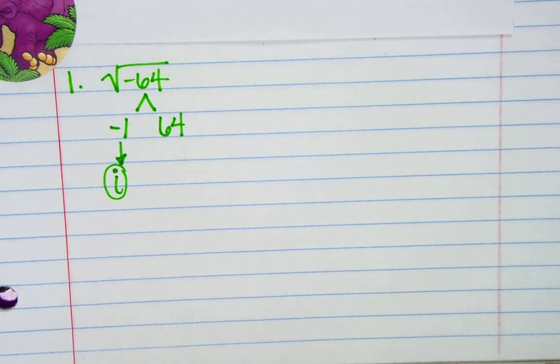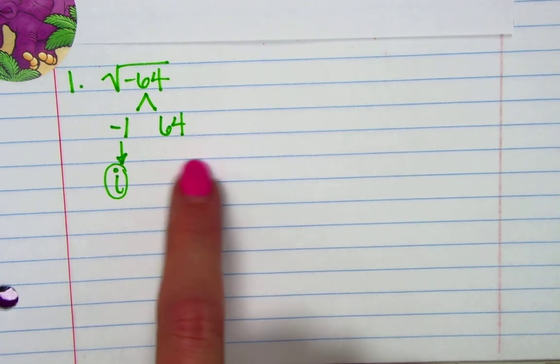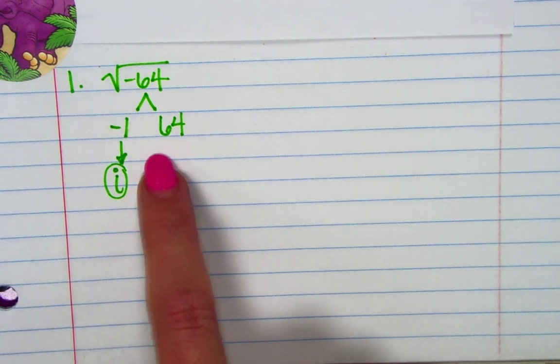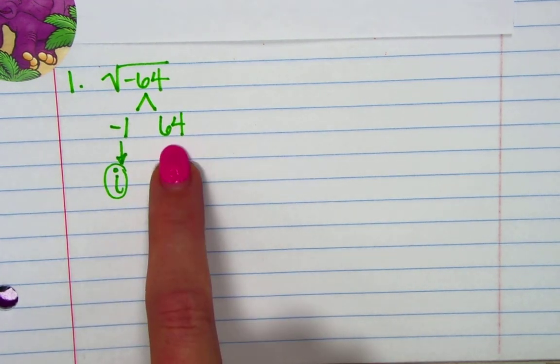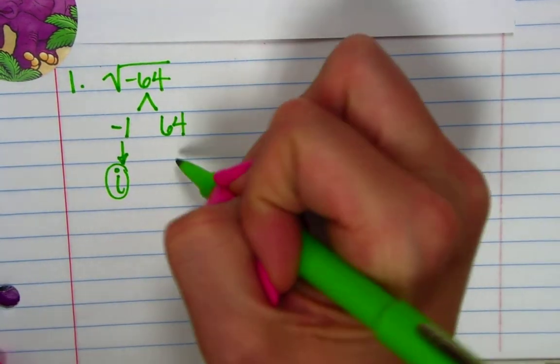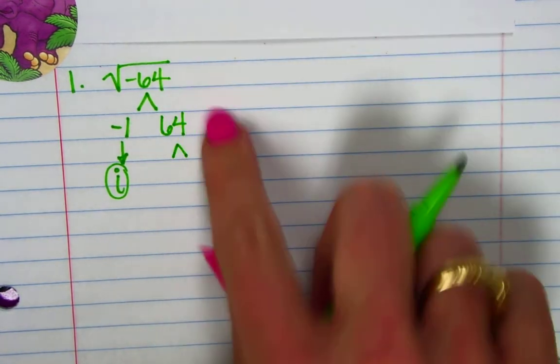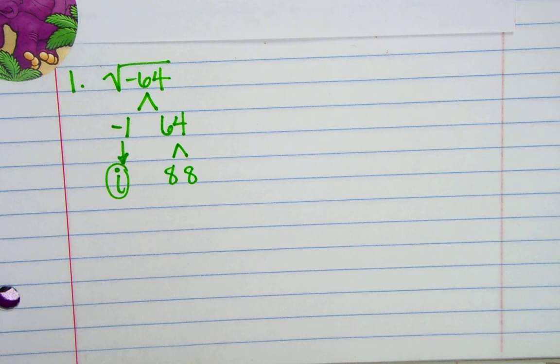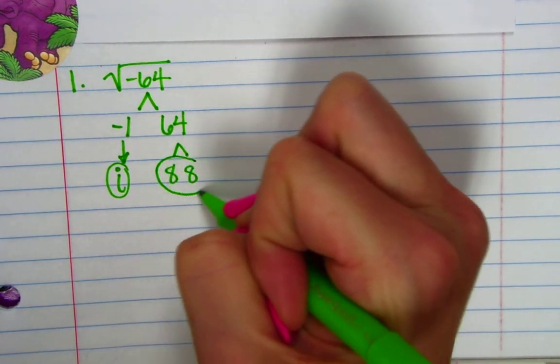On these, we're looking for pairs. We broke it down fully in the past, but I'm going to try to save us a little time this time. Anytime you can find a pair, start with the pair. So what's a pair of numbers that equals 64? 8 and 8. We could always do 2 times 32 and break it all the way down, but if we get our pair first, we save a little time.